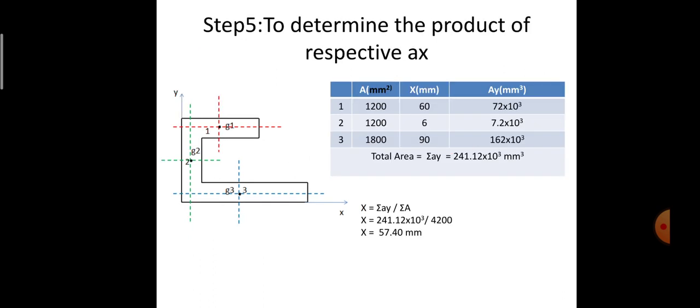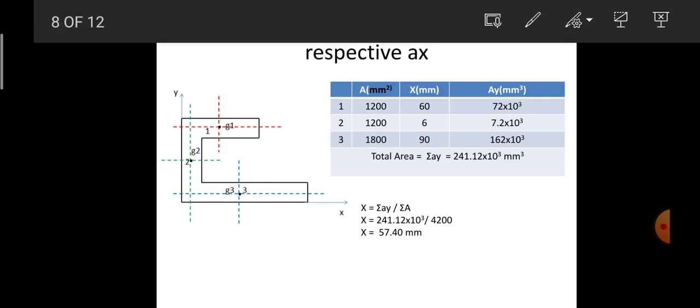So after computing the value of x3, we are supposed to determine the product, sigma AX. So for sigma AX, we know the areas of the individual rectangles and x values. So multiplying with the respective values, I'll get the AX values for the respective rectangles.